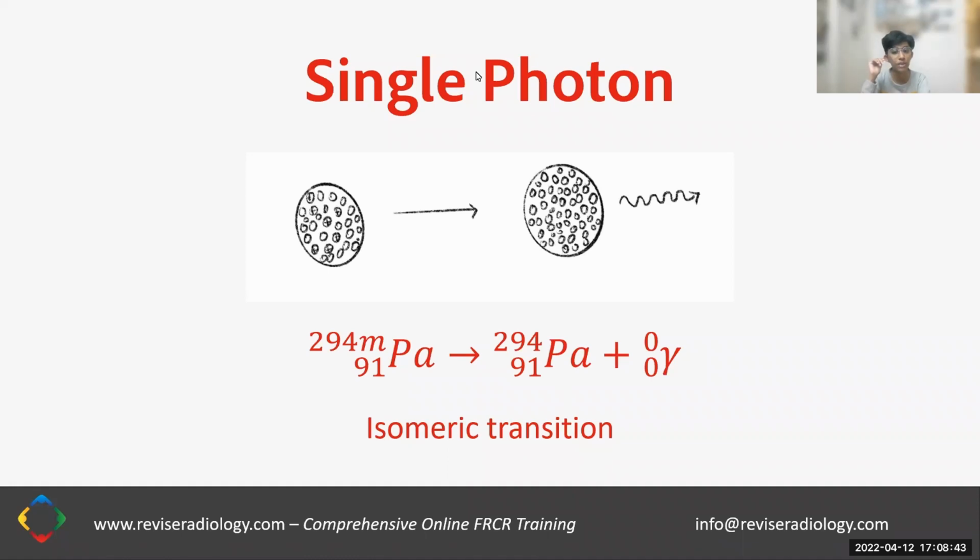You can also note that there's no change in the atomic number or atomic mass number of the nucleus, because the gamma radiation is a photon. So the nucleus is not losing or gaining neutrons or protons. That's an important thing to note about isomeric transitions.